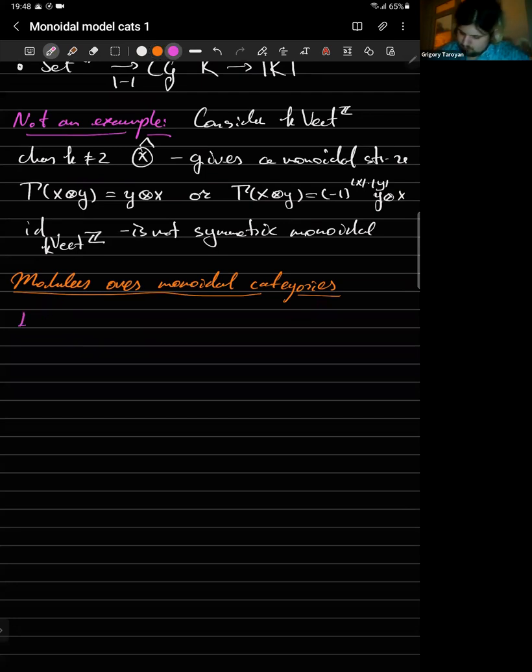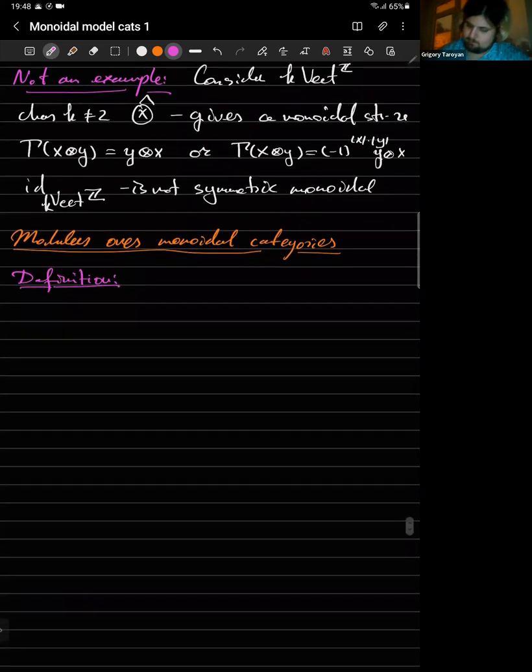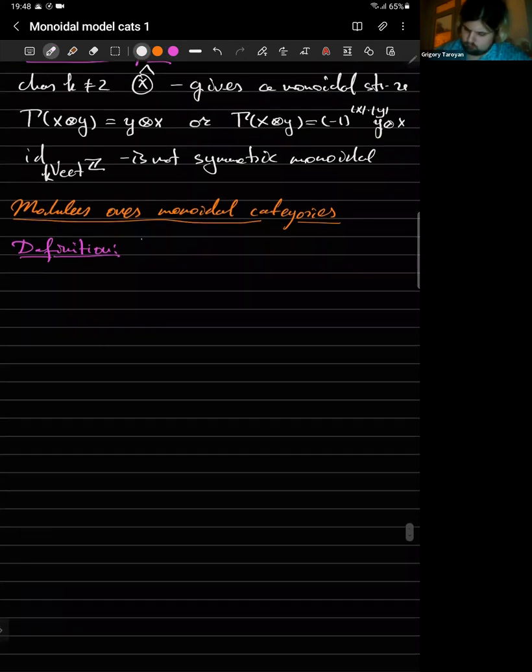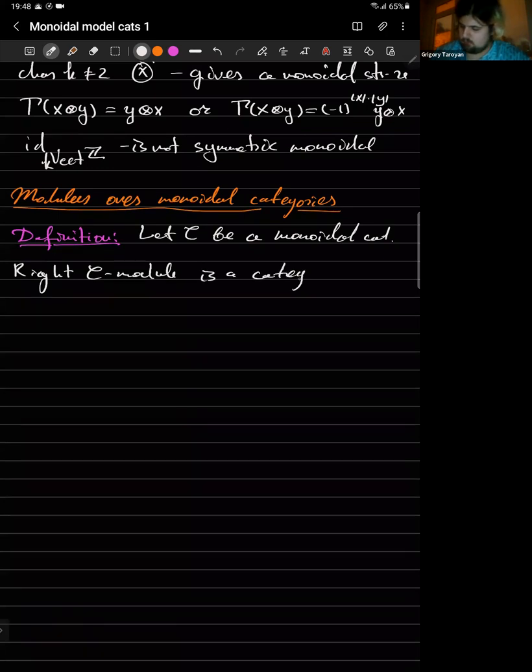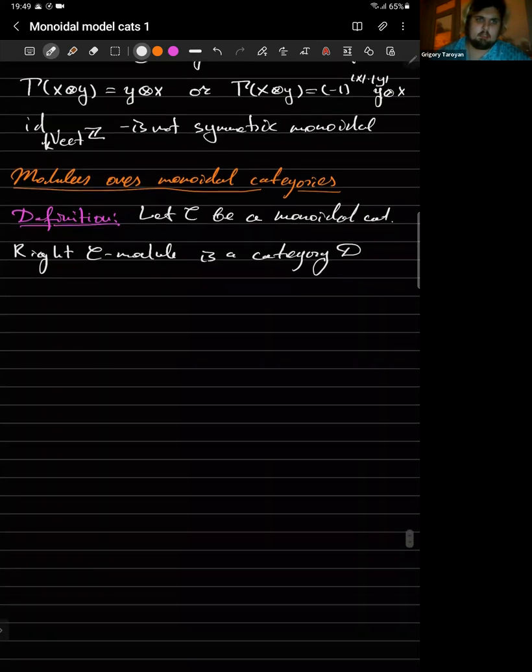Okay, so let me give you a definition. Let's assume that C is a monoidal category, then a C module is a category D plus the following tuple.